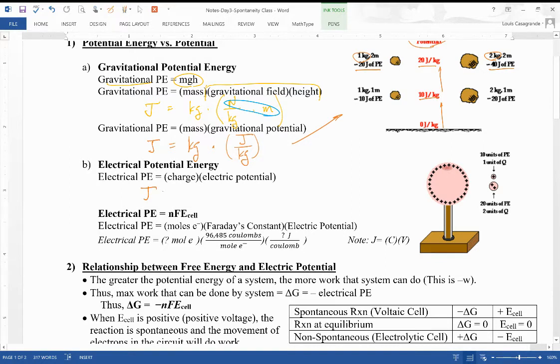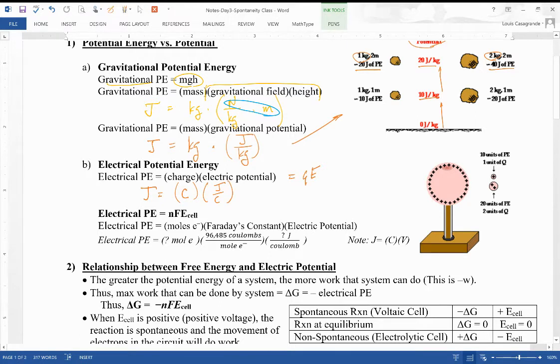To get the electrical potential energy, remember that it is equal to Q times E, where Q is the charge, which is in units of coulombs, and the electrical potential, the E, is actually in joules per coulomb.